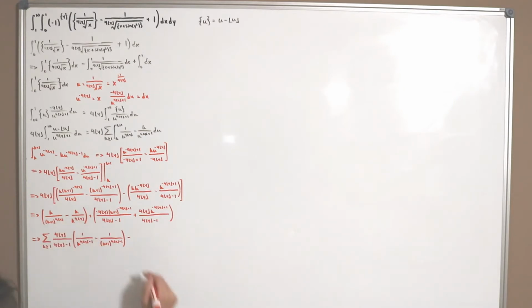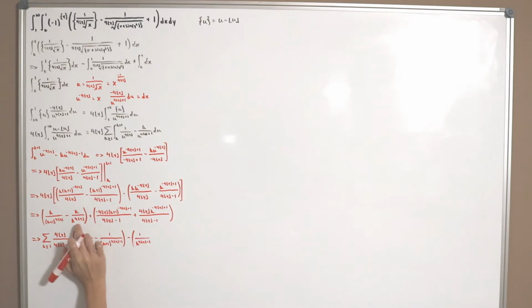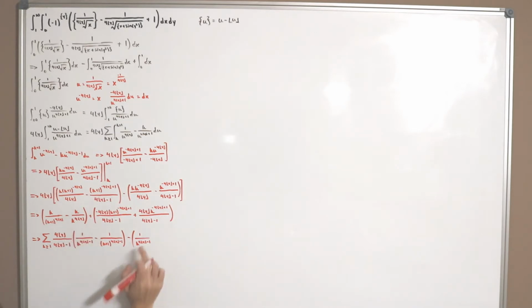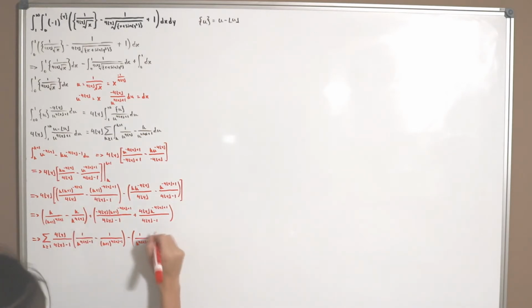That's just another way to rewrite this expression. If you're wondering where this term came from, we simplified this expression to get this. Now all that's left is just minus k.